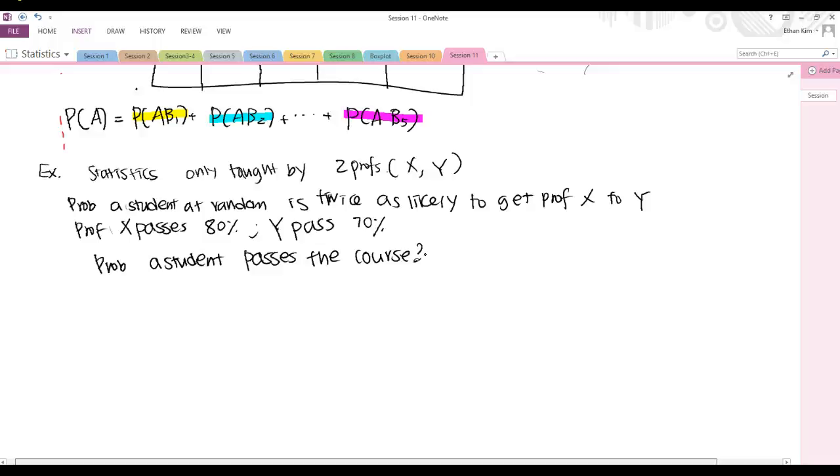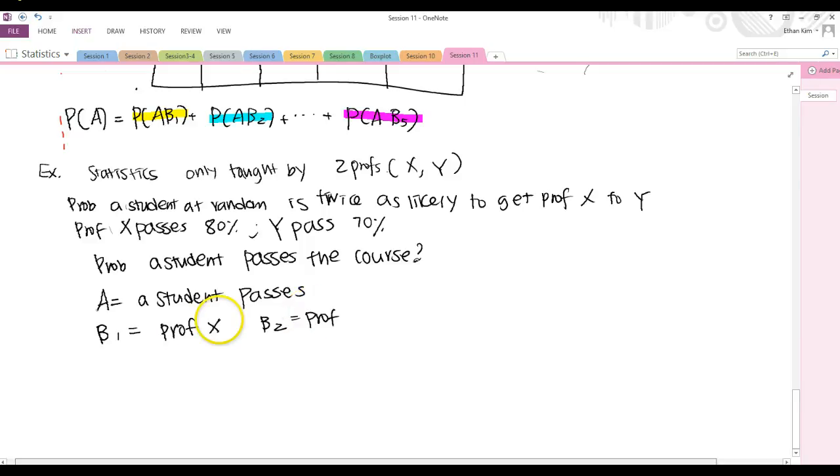Let's assign some events. Let's say that event A is the event that a student passes the course. Let's assign B1 as the event when the class is taught by Professor X, and B2 is when Professor Y teaches the course.